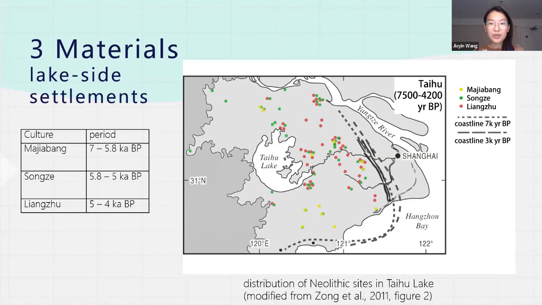So to avoid the impact of the rising sea water, Songze people chose to move upwards.